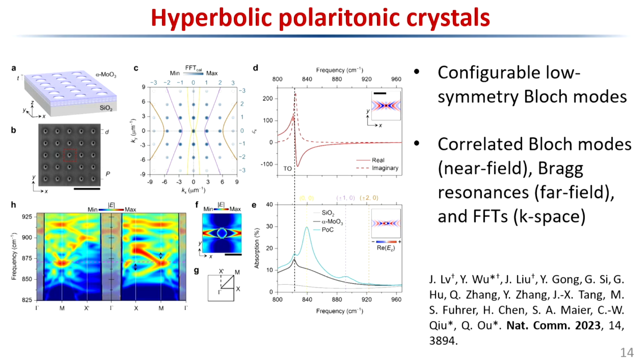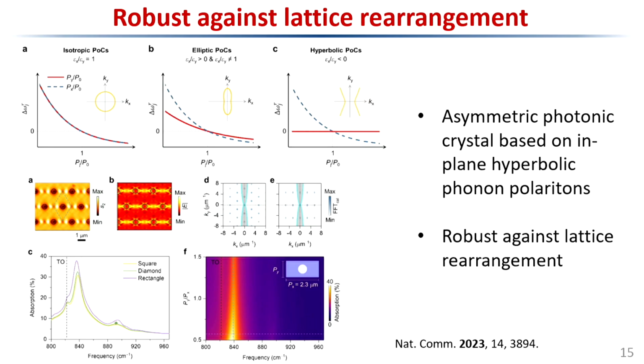But what's more, for this hyperbolic crystal, I think this characteristic is more beautiful, because a graphene photonic crystal or h-BN photonic crystal is isotropic, right? So they don't have such robustness against lattice rearrangement along the hyperbolic forbidden direction.